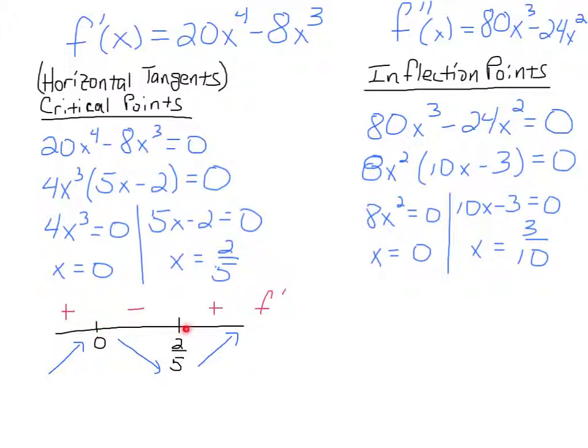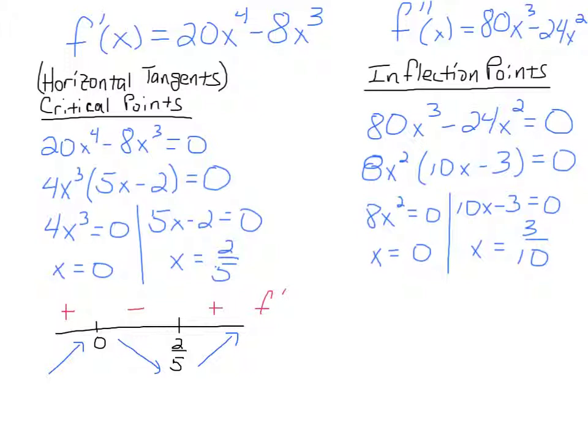It'll dip below the axis and then go above the axis here. Or you can just do a sign analysis by using test points: a point to the left of 0, a point between 0 and 0.4, or a point after 2/5. However you want to proceed for determining where f prime is positive or negative, I'll leave up to you.